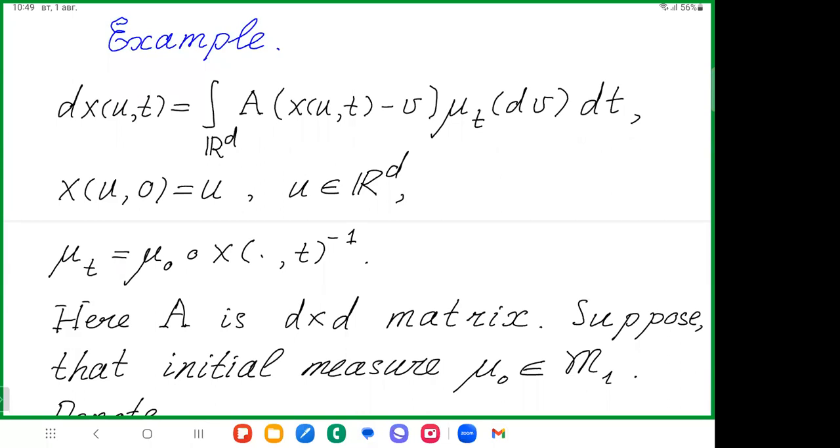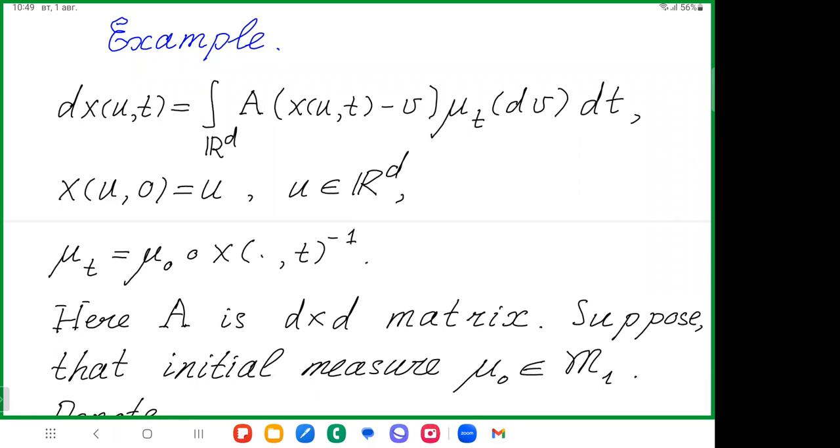From this point of view, we have an interesting conclusion. You remember that in the case of an ordinary differential equation, if we consider a linear equation, then it has an attracting manifold, a repelling manifold, and it can have some stationary points.